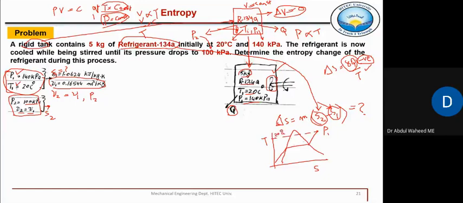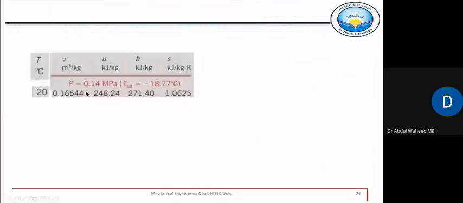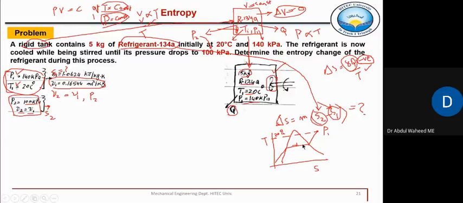And at this pressure, the saturation temperature was minus, I think, 18. So check. That was minus 18.77. So it means this temperature at this pressure of P1 was minus 18.7. So this was the initial state, state 1.